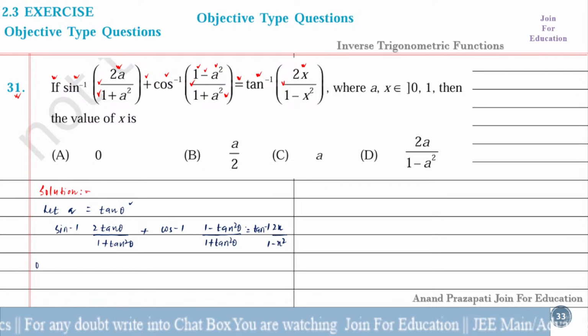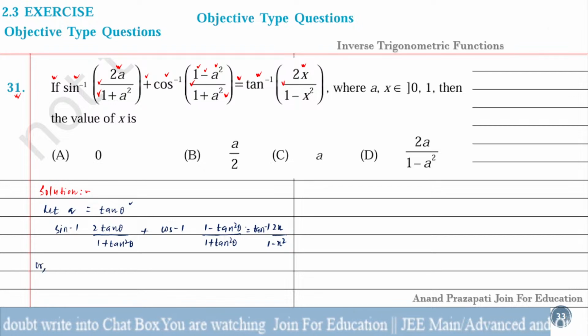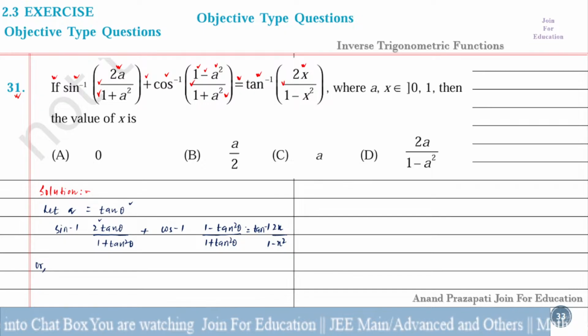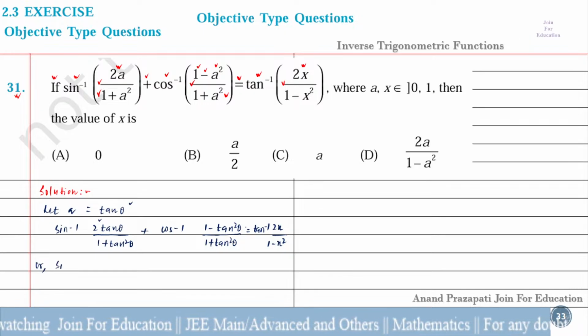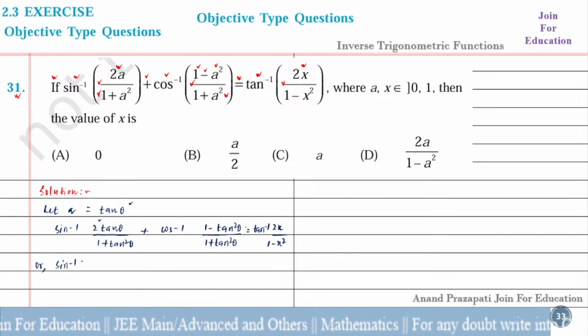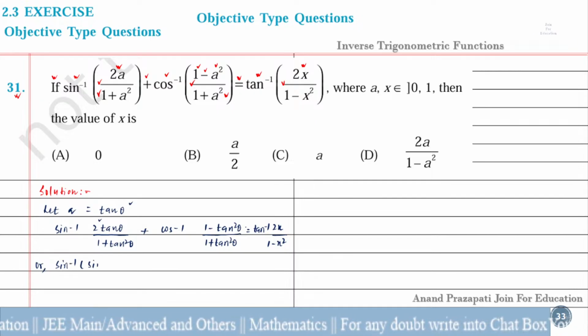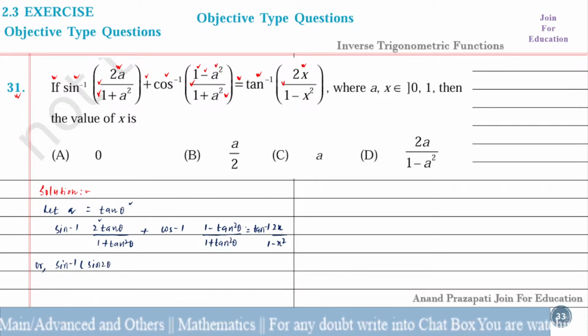So the next step: 2 tan theta by 1 plus tan square theta equals sine 2 theta. So we write sine inverse sine 2 theta.